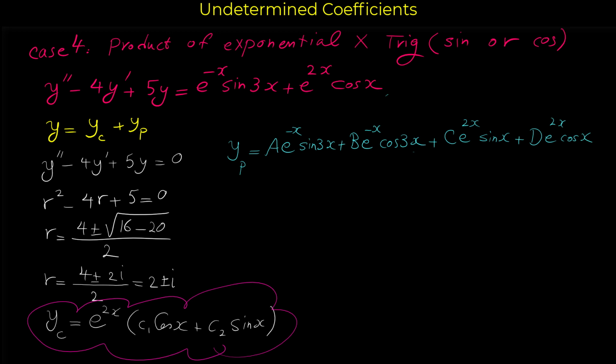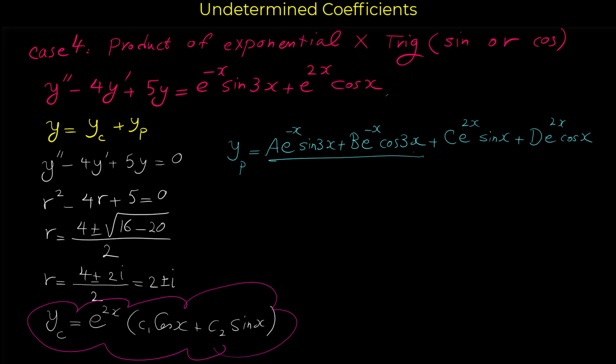Now if we compare the terms in our particular solution with the terms in the complementary solution, we can see that some of the terms in the particular solution are repeated in the complementary solution. These two terms, e to the negative x sine of 3x and e to the negative x cosine of 3x, are not repeated here.